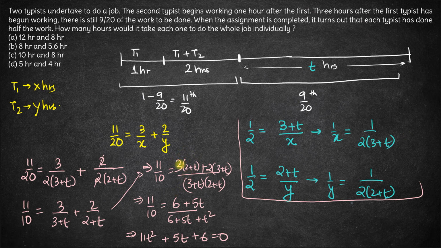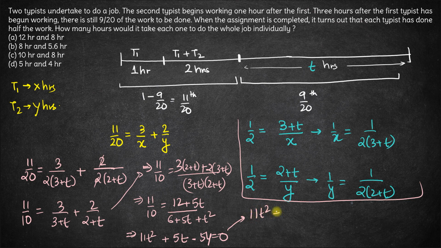Sorry, I made a mistake here. 3 into 2 is 6 plus 2 into 3 is 6. 6 plus 6, this must be 12 actually. So the constant term must be 66 minus 120, which is minus 54. Okay, and after this we'll have to use splitting the middle term.